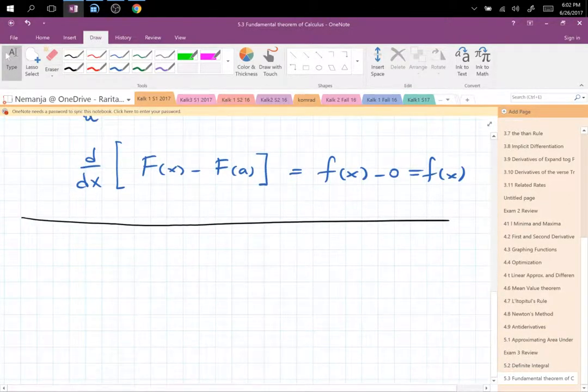Now my question to you is why? Why are derivative and integral opposite operators? Why are they undoing each other? So you can integrate something and go back using differentiation. You can differentiate something and go back using the integral. Why is that possible?